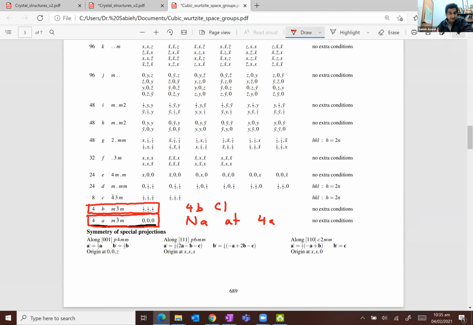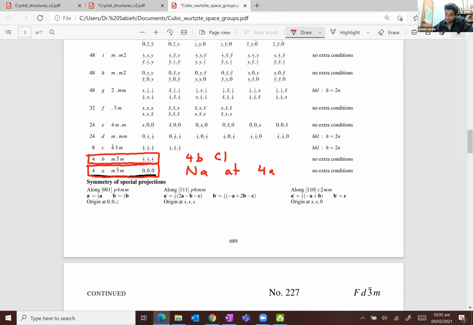So at the center of the faces, we have chlorine, and at the origins, we have sodium. But the really interesting point is, okay, do you get this?